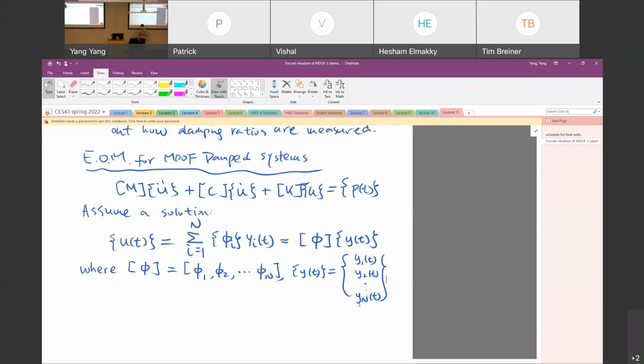Is y then the force, or is it just values that represent the time part of the solution? y is just the variable representing the component that varies with time. So this is not the force. These modal shapes, is there a formula for them?